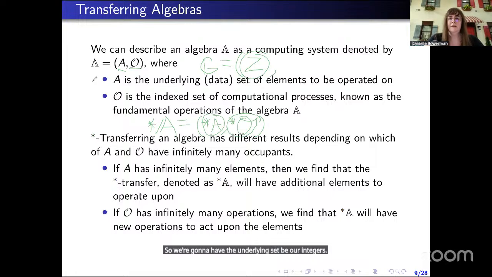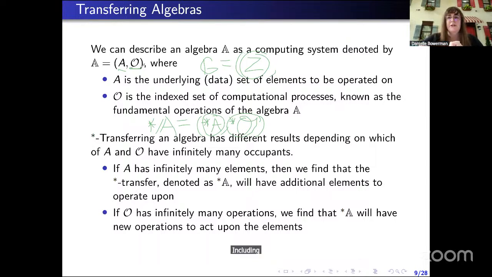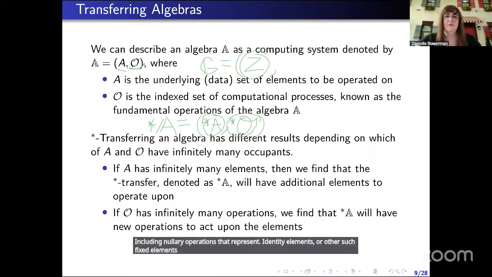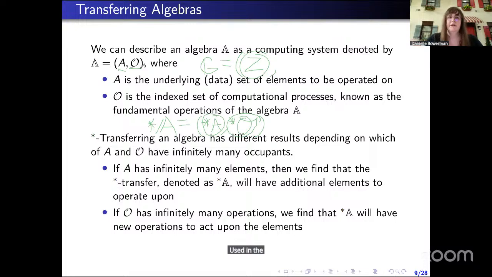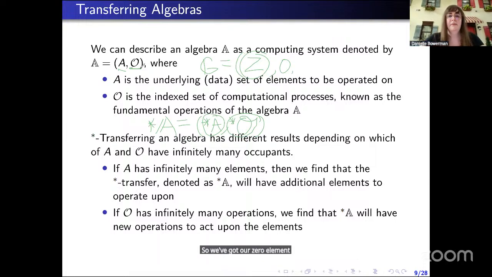And then we get an indexed collection of operations, including nullary operations that represent identity elements or other such fixed elements used in the equations that define the algebra. So for example, we're looking at additive group. So we've got our 0 element, we've got our additive inverse, and we've got our addition. And I believe that's everything in an additive group.